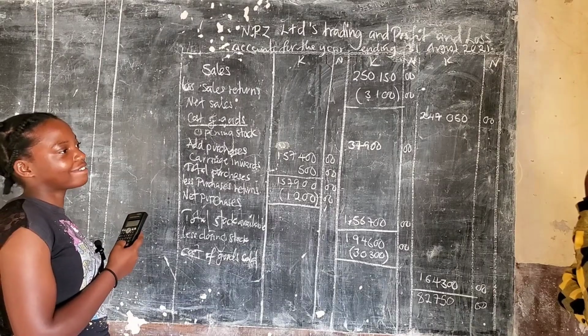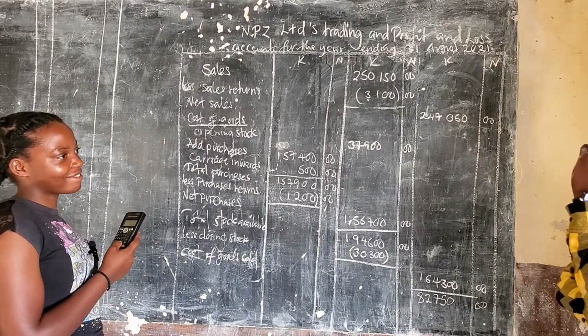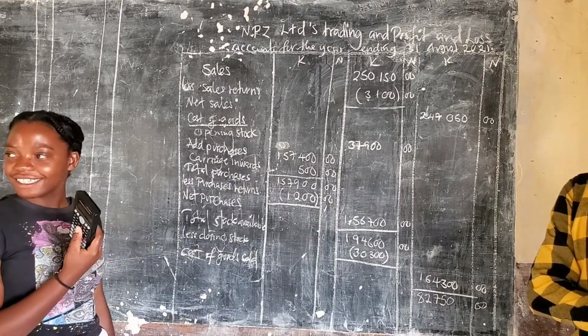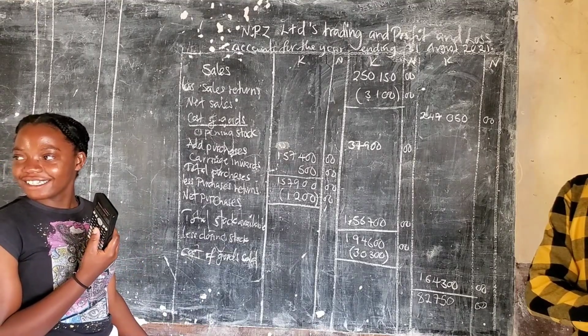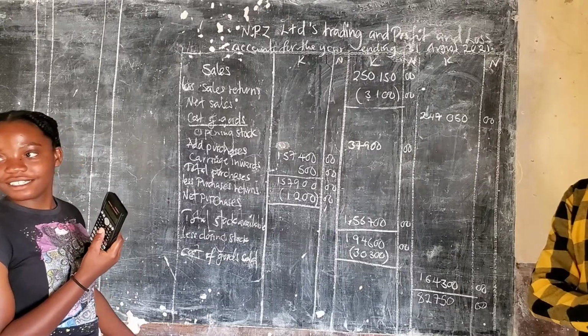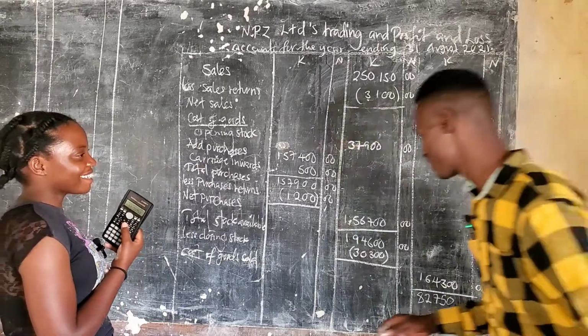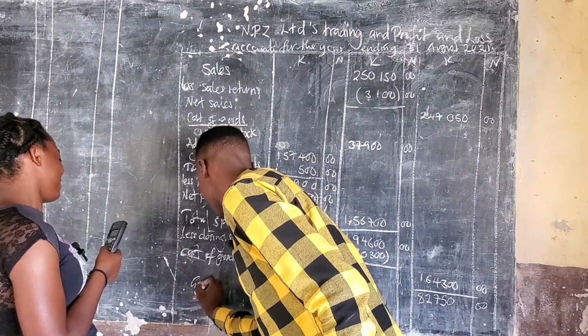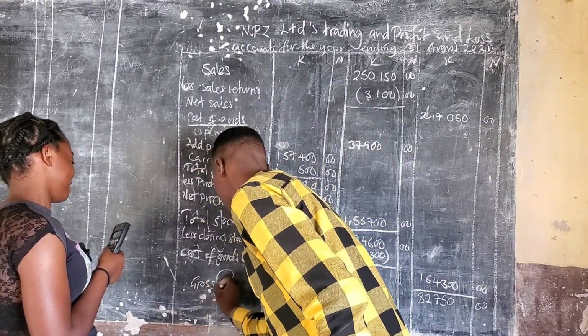Are you sure? Net profit. Tinashe, what is it called? Gross profit. It's called gross profit.